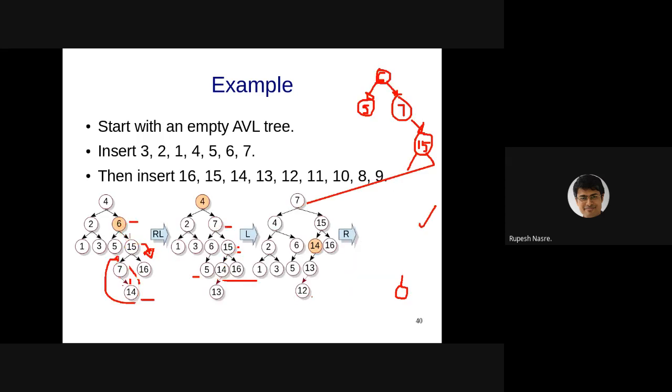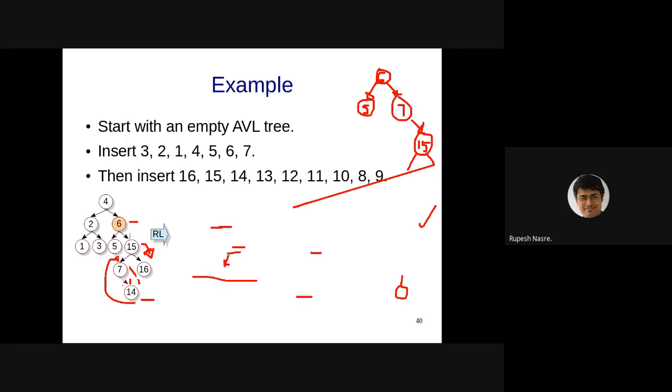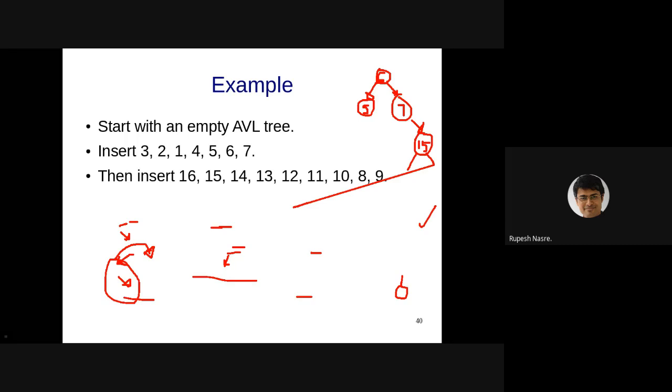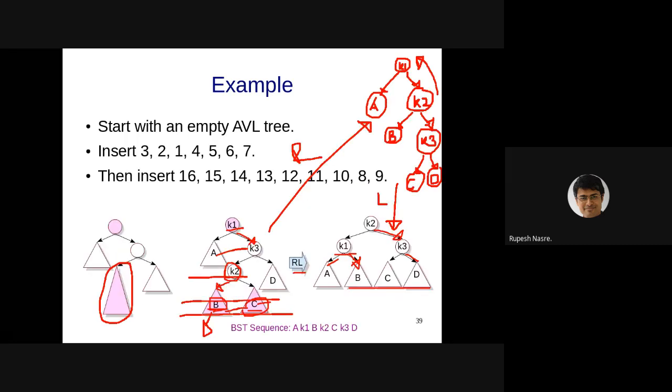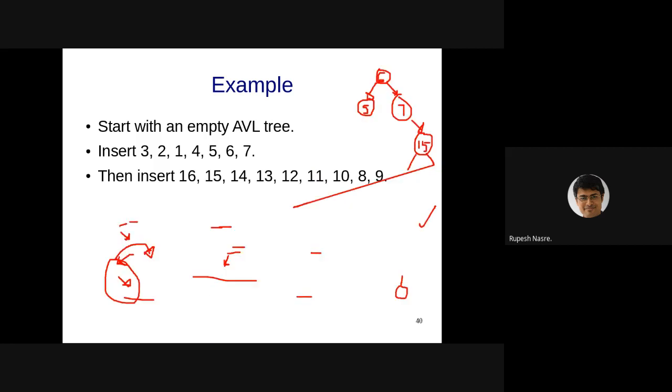Here, in the first case, we had the RL case, right? The machine has become slower. So the first rotation is not happening at 6.